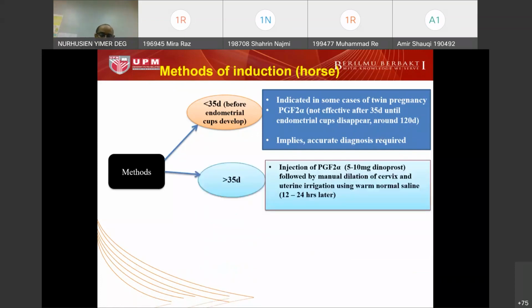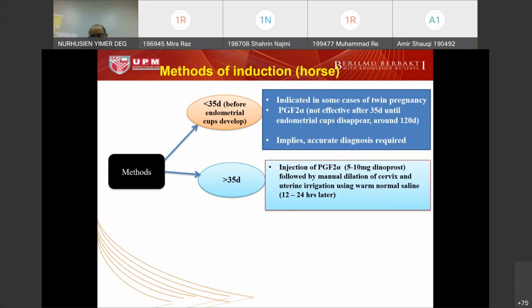The other time is after 35 days, meaning once you have the endometrial caps developed. In this case, you can consider injection of PGF2 alpha, but that's not enough, you have to do manual dilatation of the cervix. There are some obstetrical devices that can help in this process, which we call a cervical dilator.